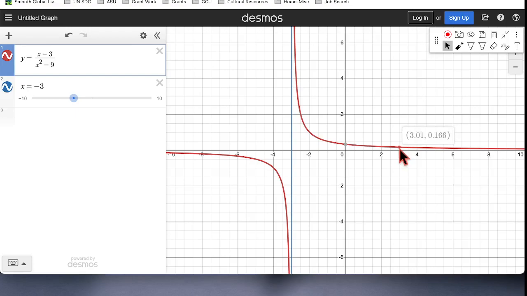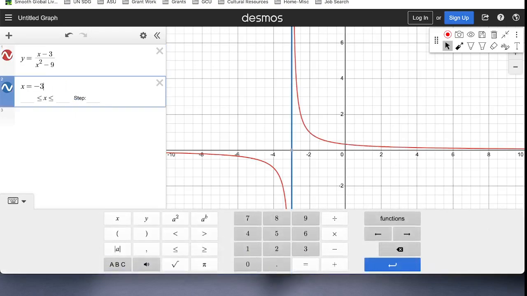So this one has a hole at 3. The other one, with getting rid of that factor of x minus 3 completely, the only difference is there is no hole. And again, you don't have to believe me. Sometimes, like I said, seeing is believing. So we'll do y equals 1 divided by x plus 3.